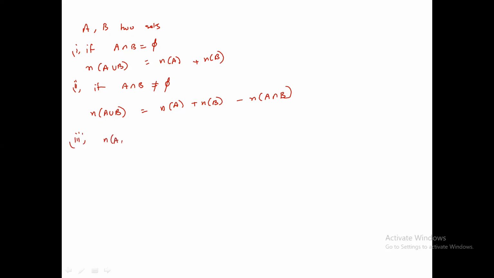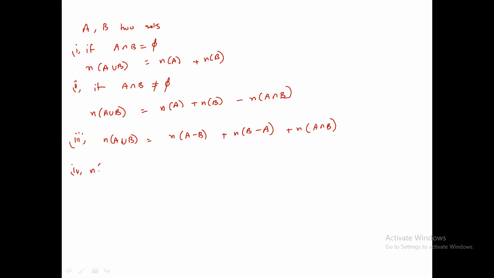The number of elements in A union B is nothing but the number of elements in A minus B plus the number of elements in B minus A plus the number of elements in A intersection B. This way also we can write.